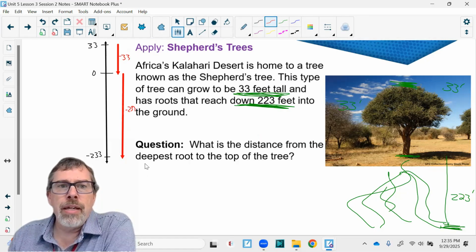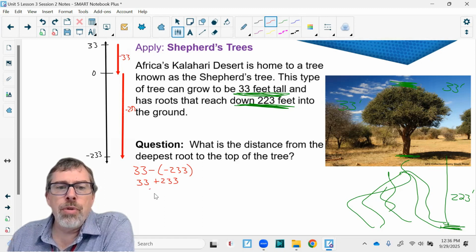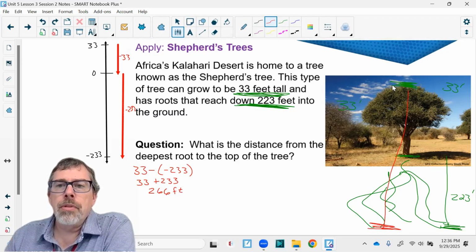So I would say 33 minus a negative 233. Remember, the range is the greater minus the least. And so this would be 33 plus 233, which is 266 feet from the bottom of the roots to the top of the tree.